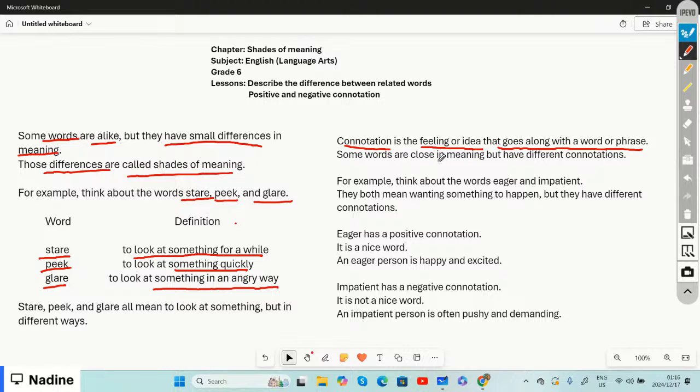And some words are close in meaning, but they have different connotations. We're going to look at how the connotations are different, especially if these words have close meanings to one another.